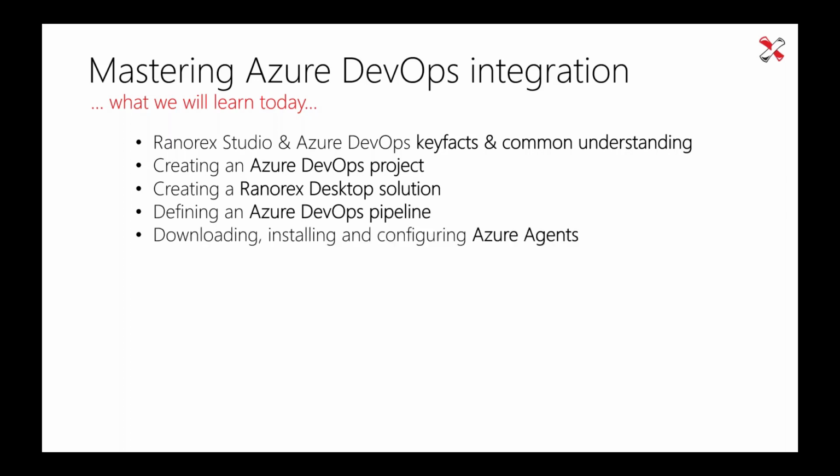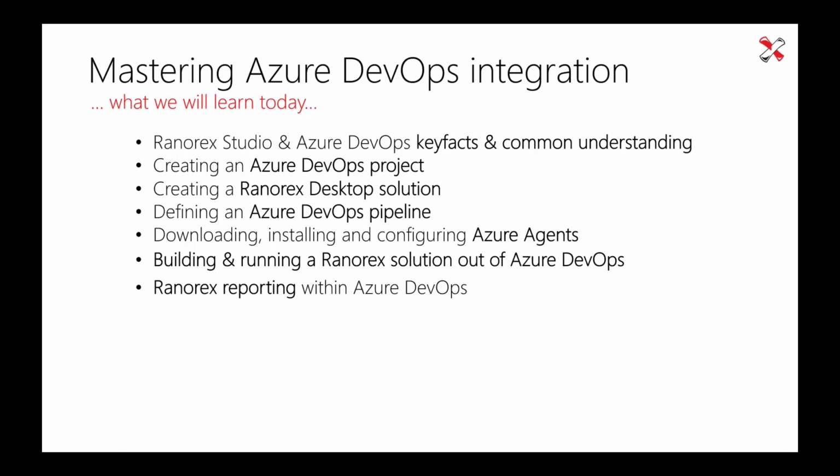We will download, install and configure an Azure agent, which helps us to perform the designated test actions and building actions. And finally, we will be building and running a Ranorex solution out of Azure DevOps. In short, we will be using Azure DevOps as a CI tool today.